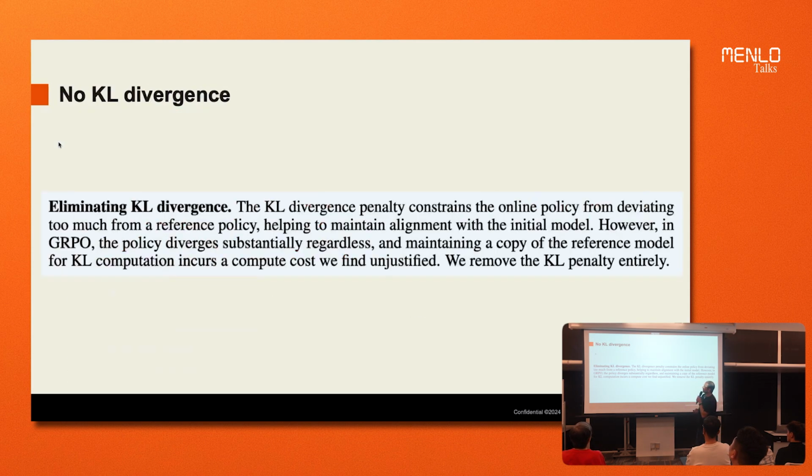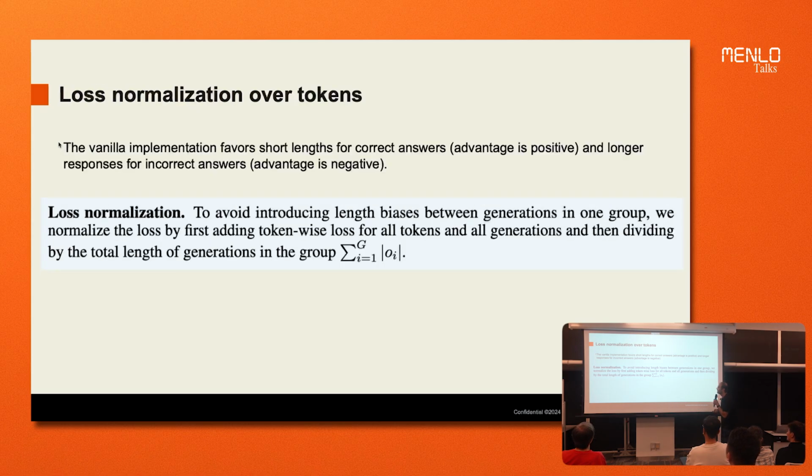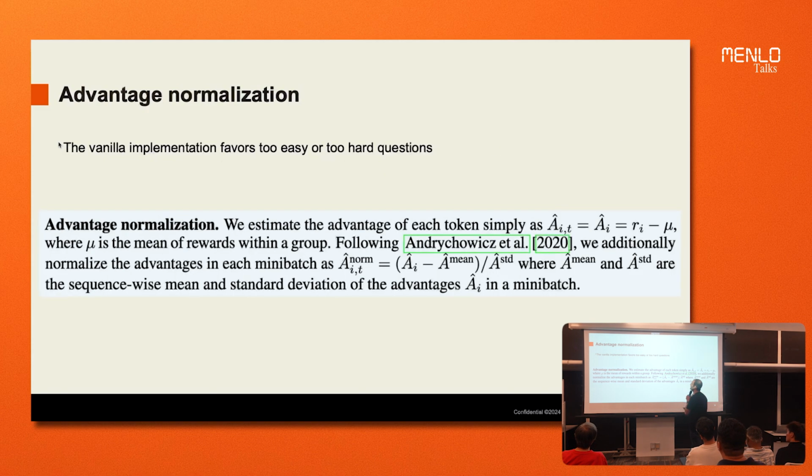So we can go through the details, like why we needed, okay, the KL divergence, I kind of explained it. The loss normalization, I said the vanilla implementation favors the short lengths for correct answers and the longer responses for incorrect answers. Advantage normalization is basically to reduce the noise. We can skip this part for now.